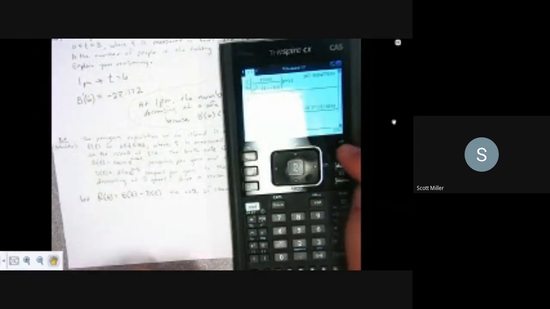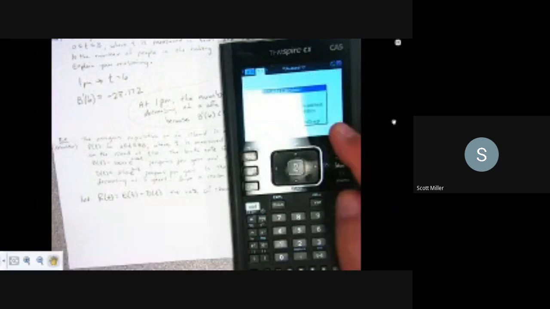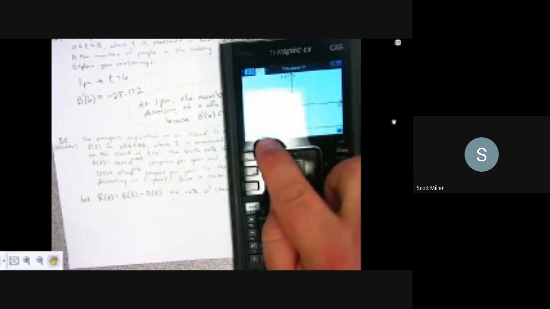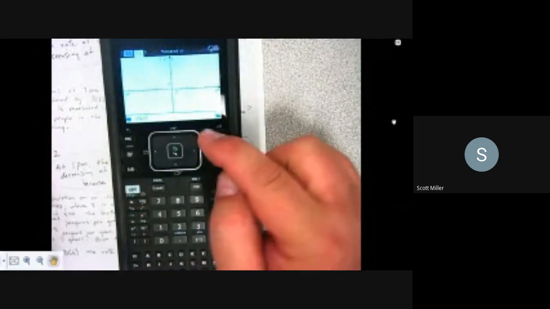So I'm going to start a new page. Okay. And I'm going to do a grapher. And here's F1. Sorry, you have glare. So here's F1. So I'm going to type in the birth rate equation: 1,000 times e to the 0.06x.